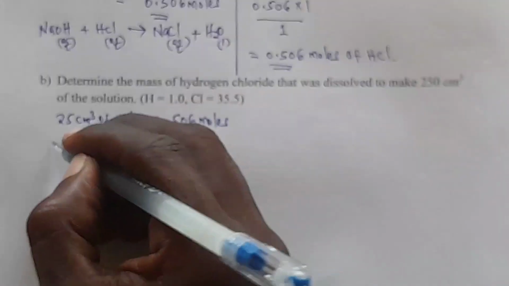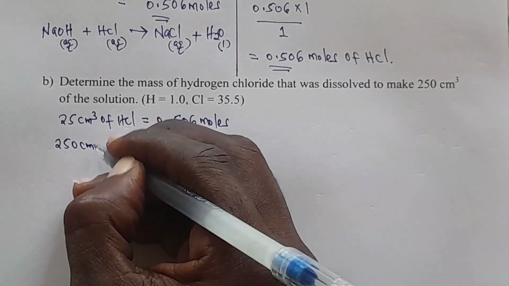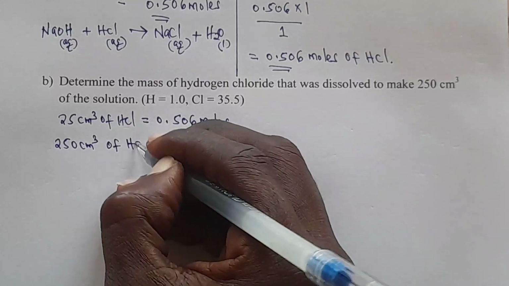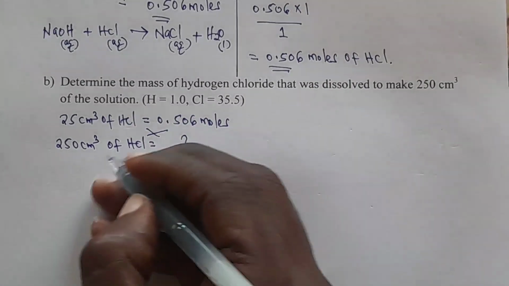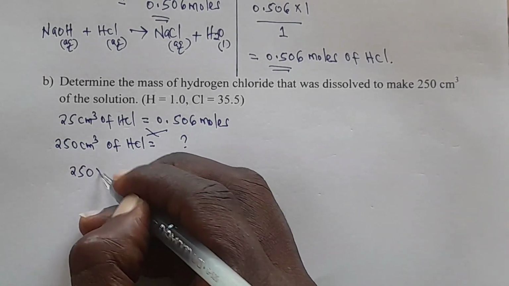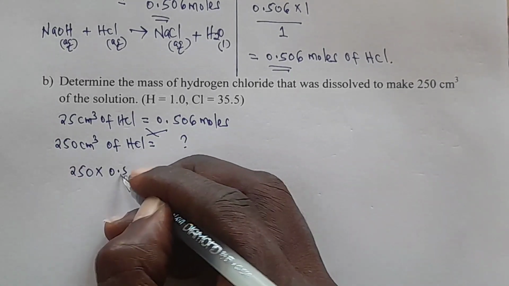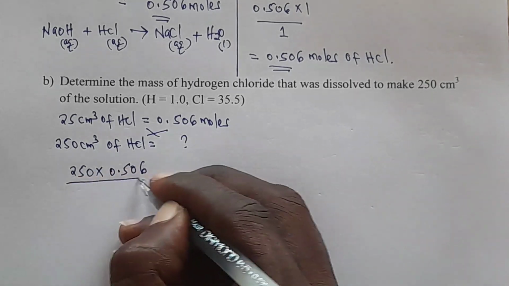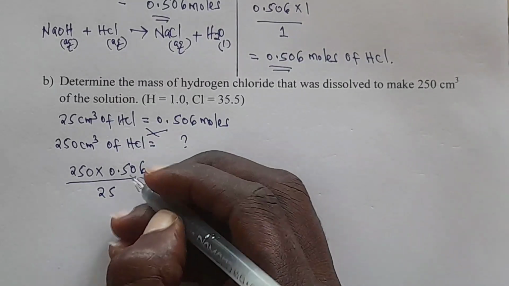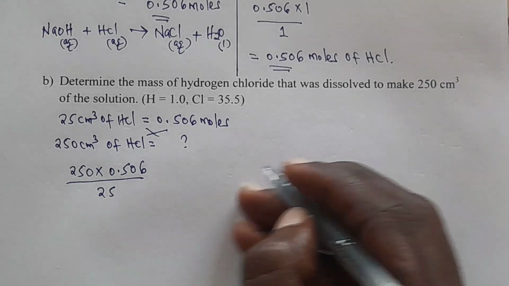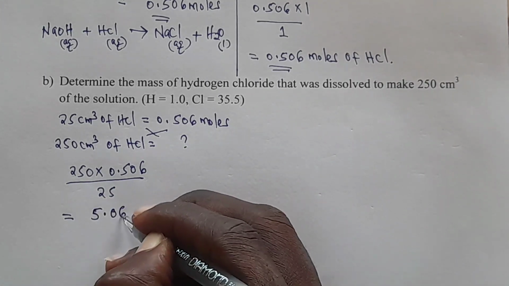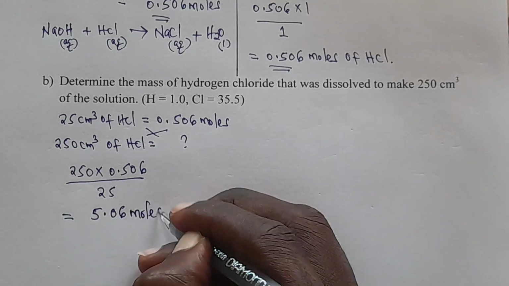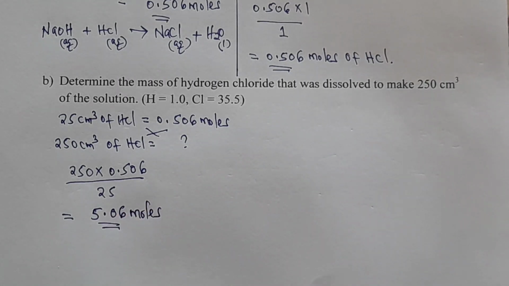So we ask ourselves, what about 250 centimeter cube of hydrochloric acid solution? We cross multiply. So we are going to say 250 multiplied by 0.506, then divided by 25. So here we are going to get 5.06 moles of hydrochloric acid in 250 centimeter cube of solution.